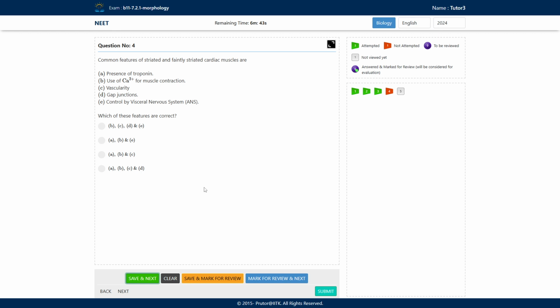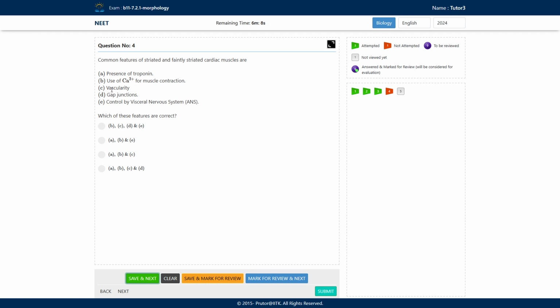Common features of the striated and the faintly striated cardiac muscles are: A, presence of troponin. B, use of calcium for muscular contraction. C, vascularity. D, gap junction. And E, control by the visceral nervous system. For striated cardiac muscle, troponin is required. This protein is very, very important. Second, there is use of calcium ions.